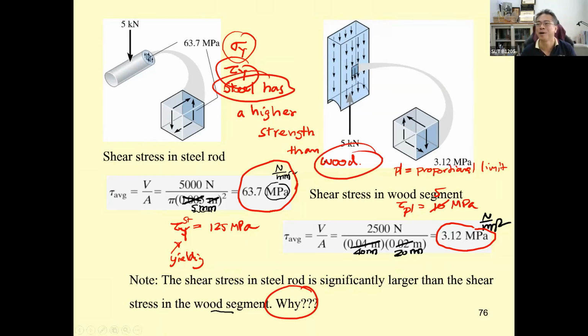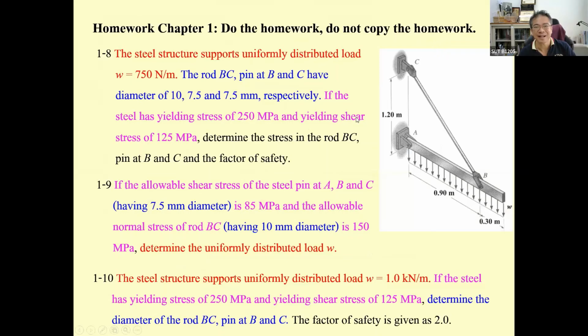When you compute the stresses, both shear stress and normal stress that occur in steel, the number, I think, is usually always larger than the one in the wood. For your information. Now, let us consider this one first before we go to the real problem.